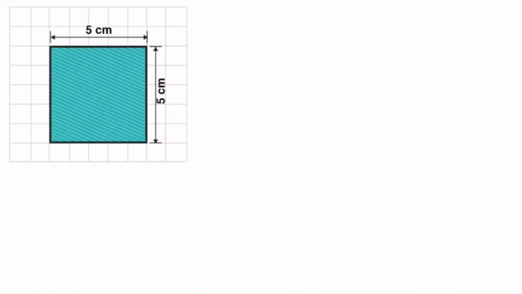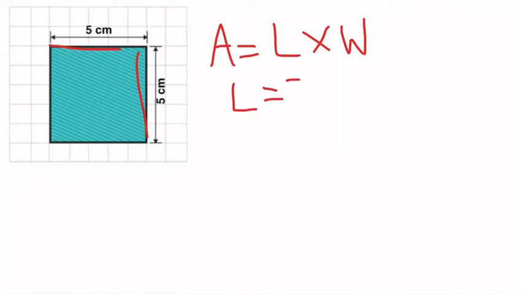Alright guys, so let's just put that into practice by trying to find the area of this square. Now first of all, because all of the sides are the same length, we don't have to distinguish between a length and a width. We just know that our two figures are going to be 5 centimeters and 5 centimeters. We're going to start off by writing our formula, which we know is area is equal to length times width. We know that length is 5 and width is also 5.